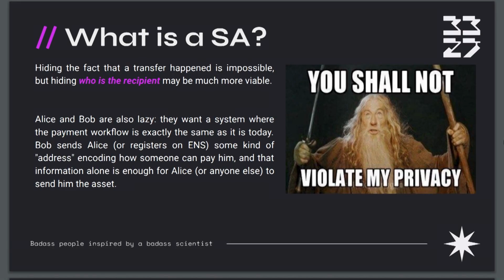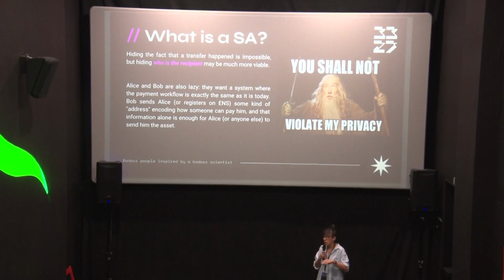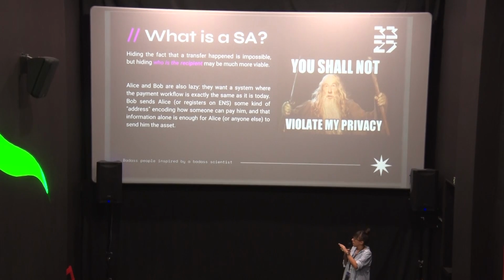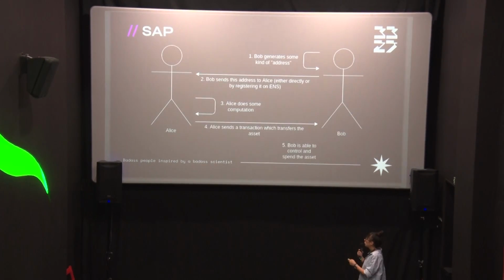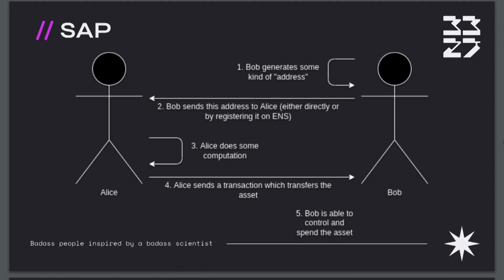And today we will be talking about stealth addresses, and with stealth addresses we want to hide the recipient address. So we want to have the same structure as we have today, but hide the recipient address. In order to achieve this, we have this structure. We have the recipient, Bob, and we have Alice, the sender.